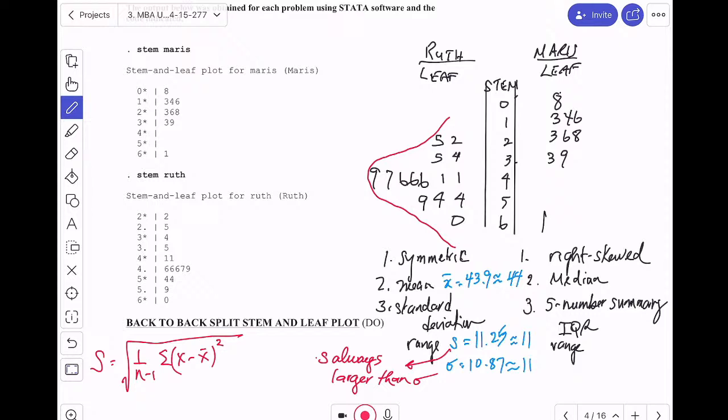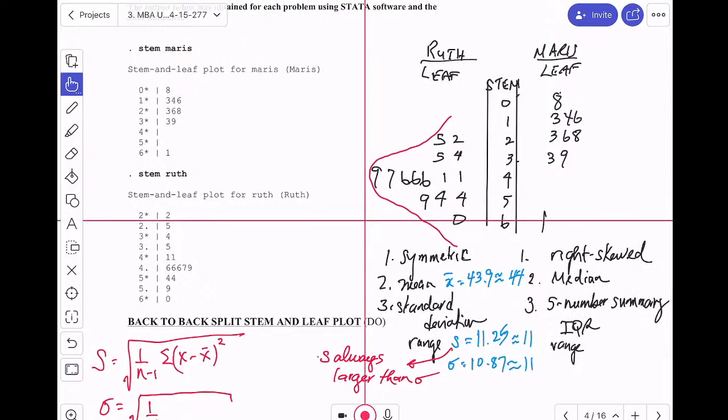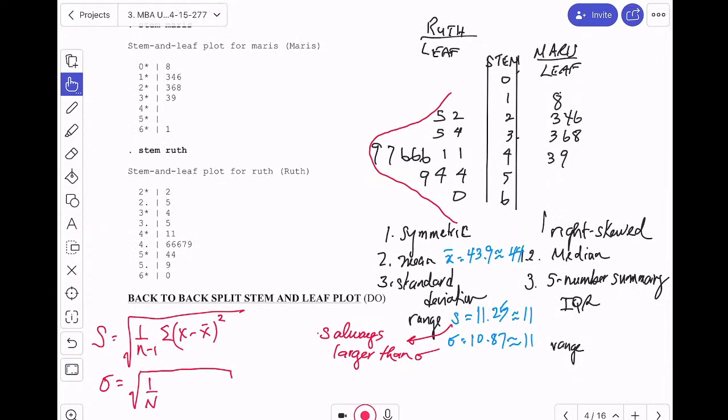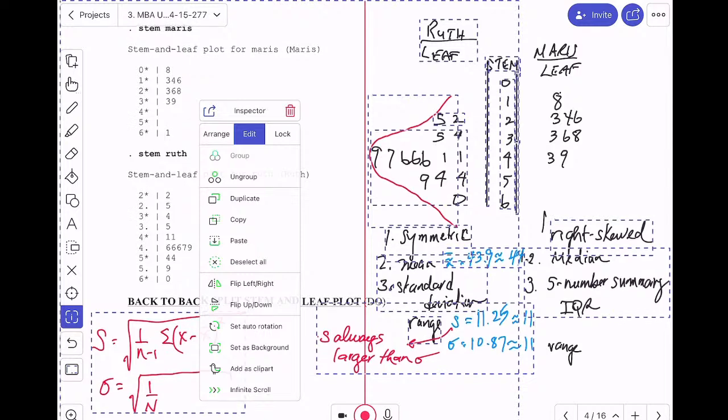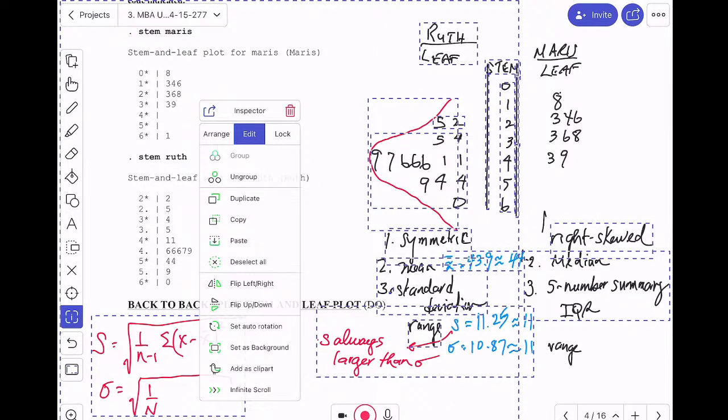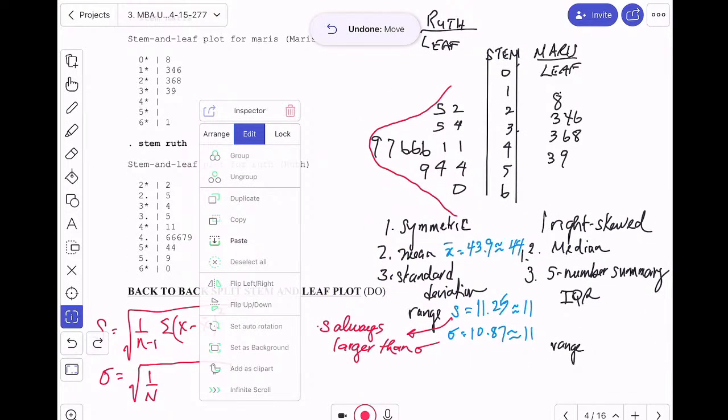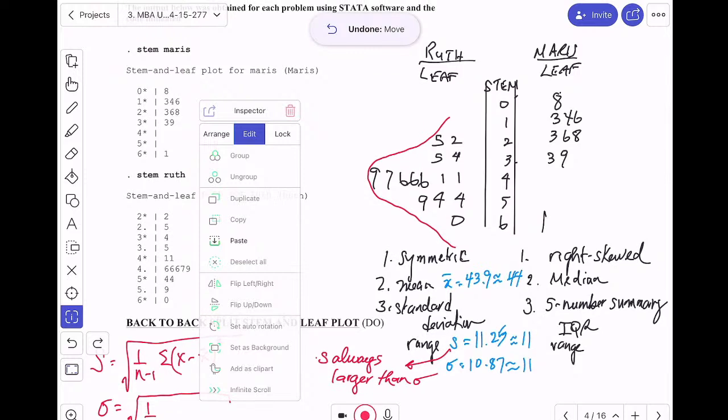So this is S, whereas sigma, I think it's too low.